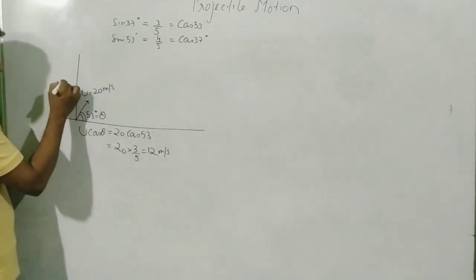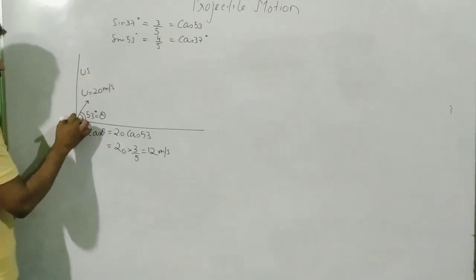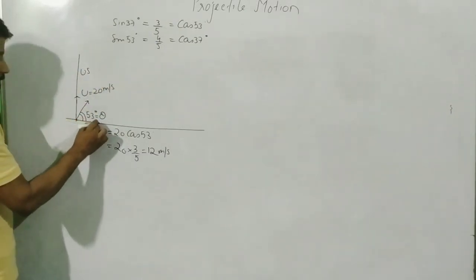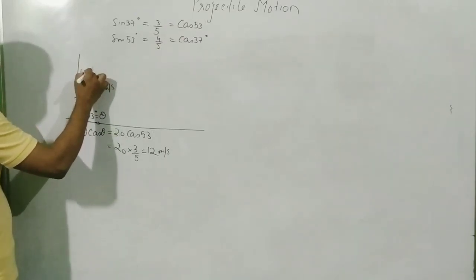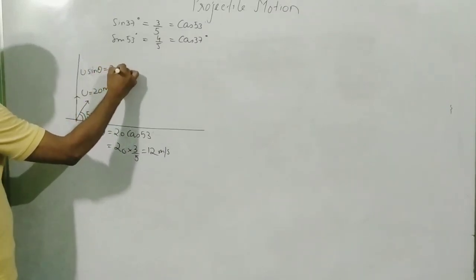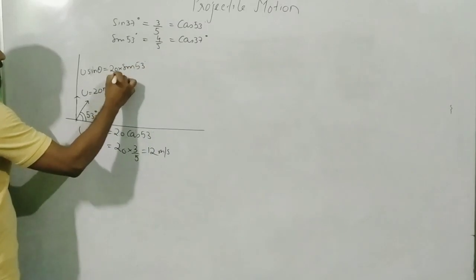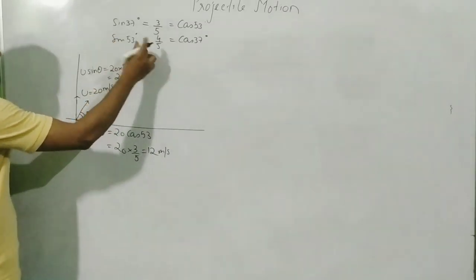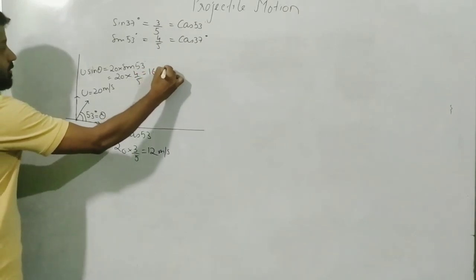What about my u sin theta? My u sin theta, that is this component of velocity, the y component will be equal to 20 into sine 53 degree, and that is equal to 20 into what is sine 53? Sine 53 is 4 by 5. That is 4 times 4, that is equal to 16 meter per second.